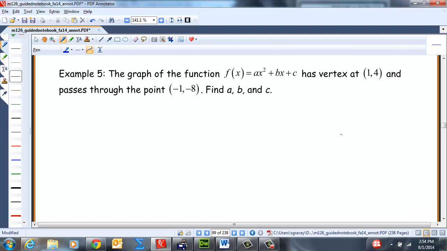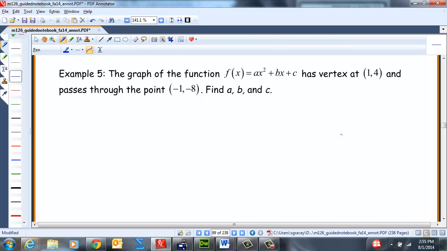All right, so here we go. This one is one of those deep thinker problems. It's kind of a multi-step problem. We've been given a couple of ordered pairs on the graph.